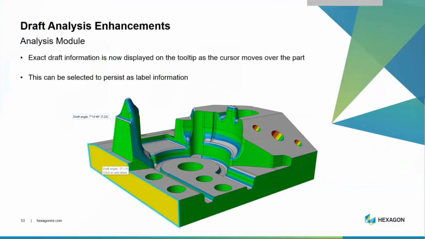Also on the draft analysis module, this was new for the last release. However, we've made a small enhancement that's very, very useful, is that you get your dynamic feedback as you hover your cursor over the part of the draft angle. So you can get the accurate draft angle and create labels from it.